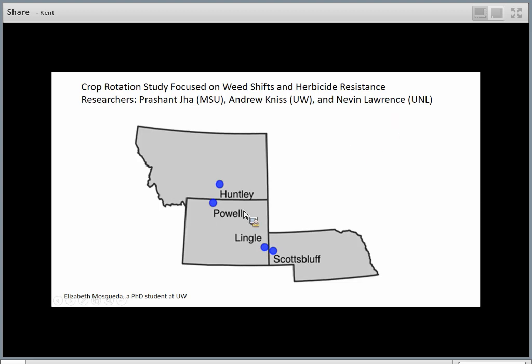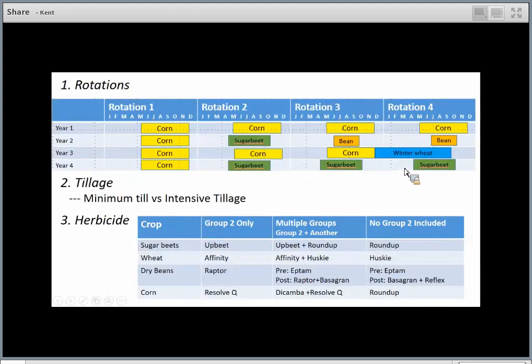He's actually a previous student of Andrew Kniss at Wyoming. So the study is basically to look at these 3 main effects on the development of herbicide resistance. And I don't think they've got the data on the resistance built yet, but they do have data that I'll share with you on just the distribution and production of weed seeds and weed biomass.